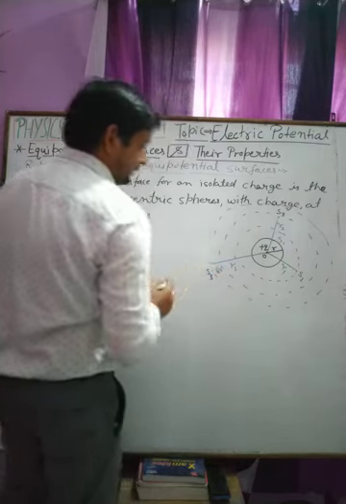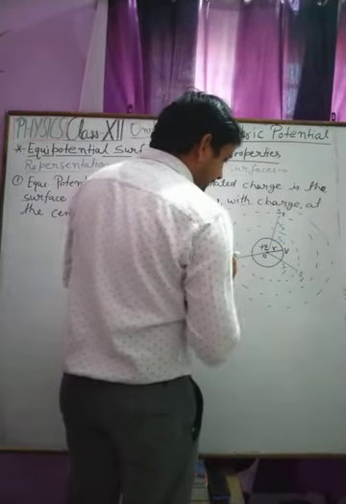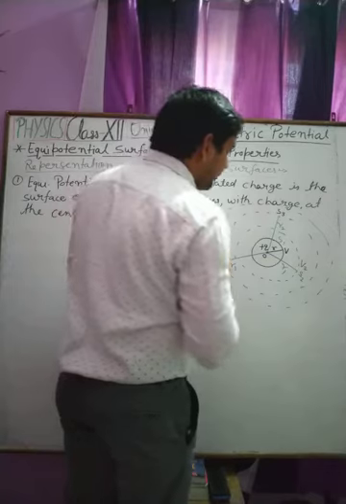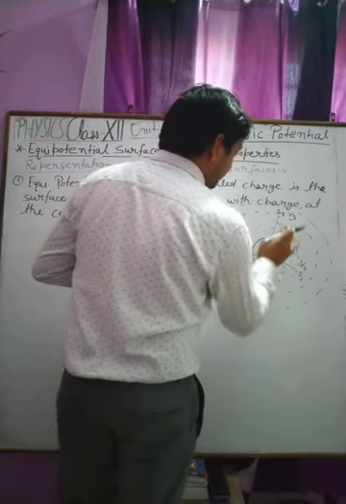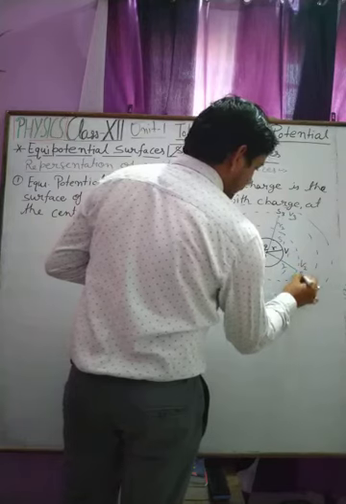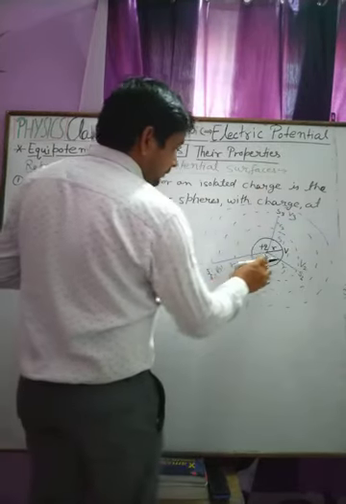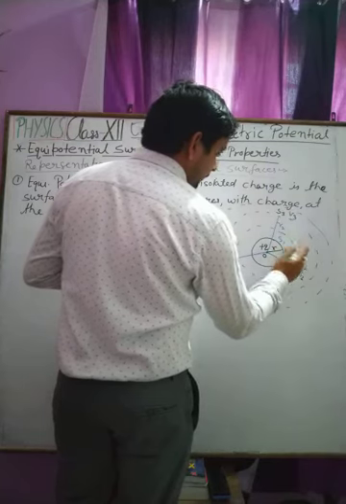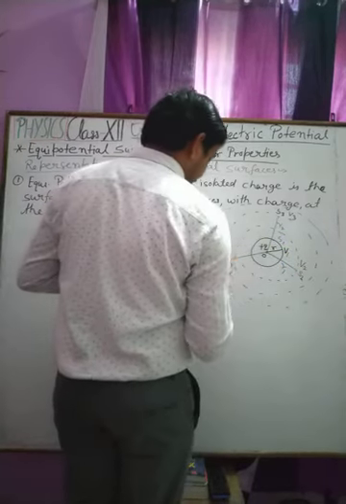Now we have the potential for the first surface as V1, for the second surface V2, for the third surface V3.